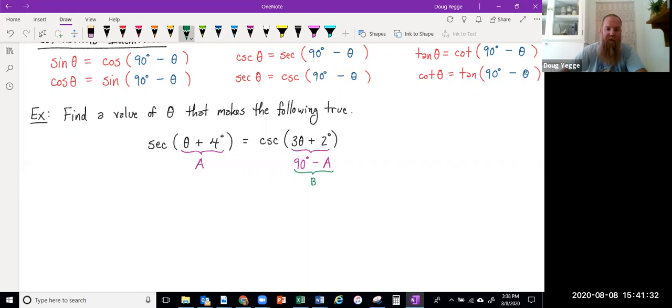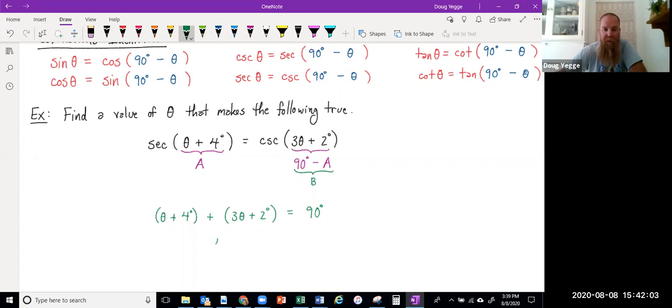So we could say that theta plus 4 degrees plus 3 theta plus 2 degrees should equal 90 degrees. And now it's just a matter of solving this algebraic equation for theta so that these complementary angles add up to 90 degrees.